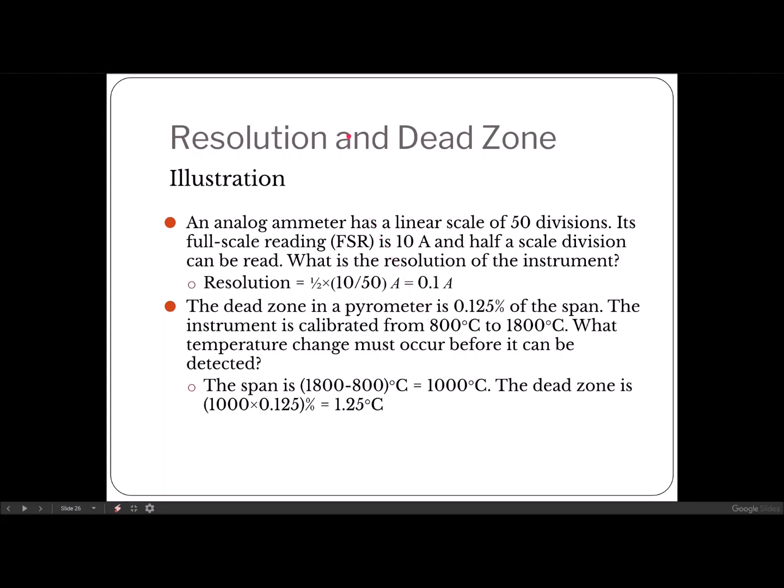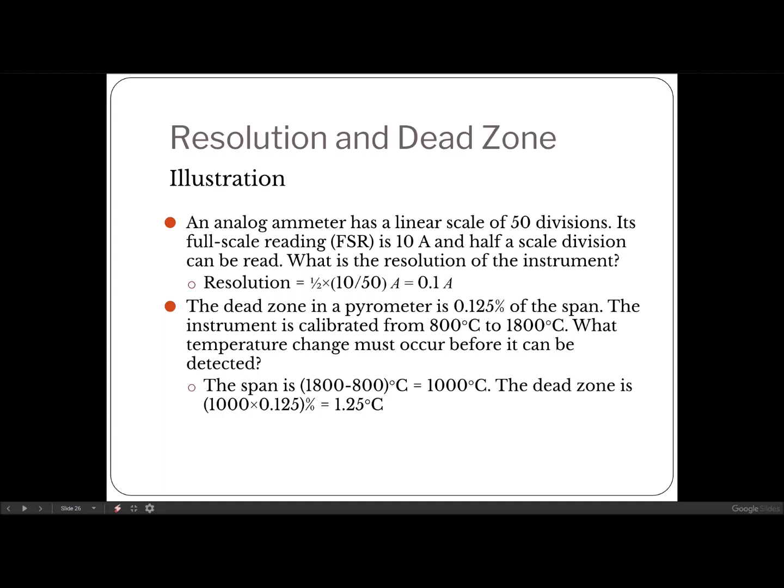And then I have a pyrometer. The dead zone of the pyrometer is 0.125 of the span. The instrument is calibrated from 800 to 1800, which means the full scale reading will be 1000 in here, right? What temperature change must occur before it can be detected?